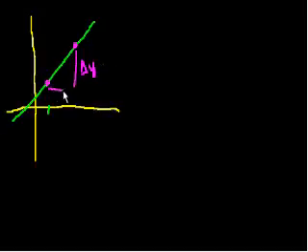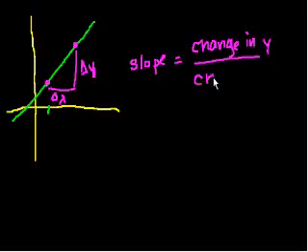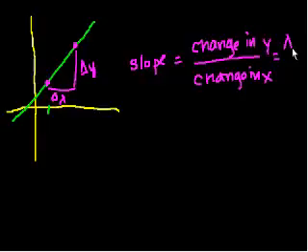And this is the change in x, delta x. And we figured out that the slope is defined as change in y divided by change in x, or delta y divided by delta x.